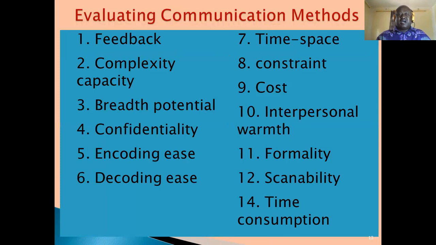Breadth means how wide it reaches. Are we going to use radio, telephone, TV, newspapers, or walk house to house? So we take the one which covers the biggest. It depends. If we actually want to cover the whole country, we may be able to use radio and television.